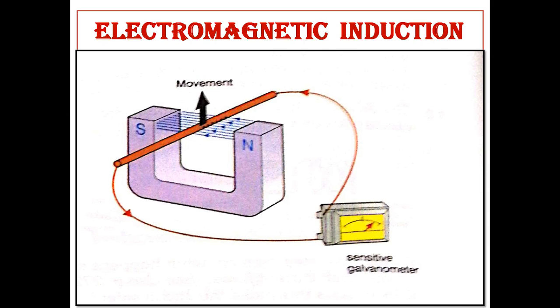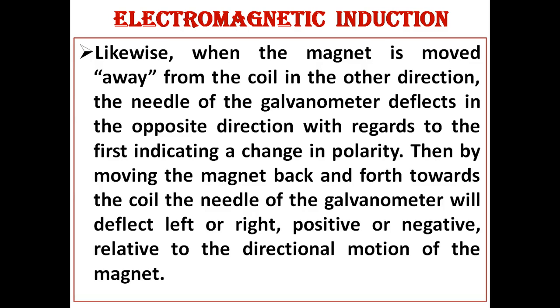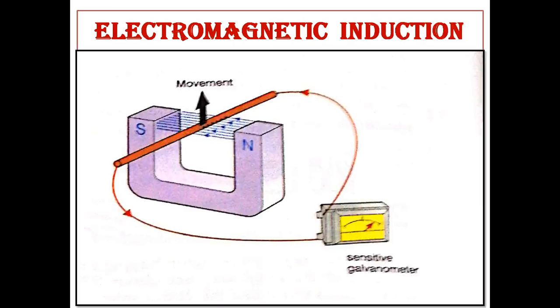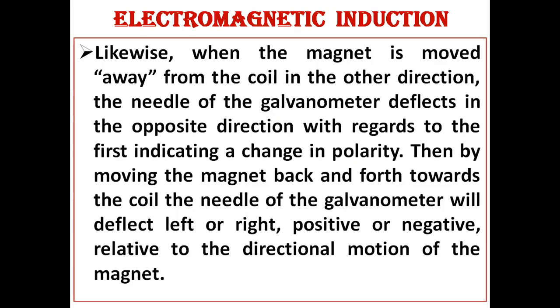Likewise, when the magnet is moved away from the coil in the other direction, the needle of the galvanometer deflects in the opposite direction with regards to the first, indicating a change in polarity.